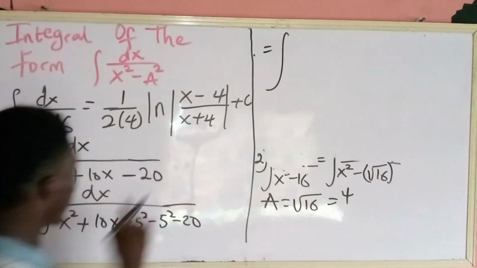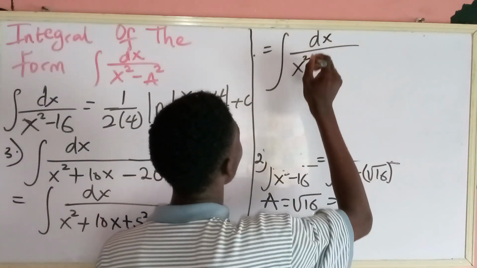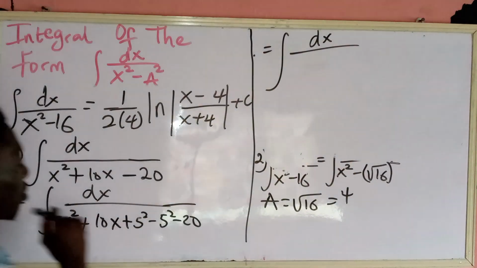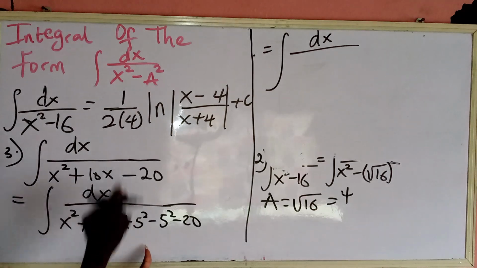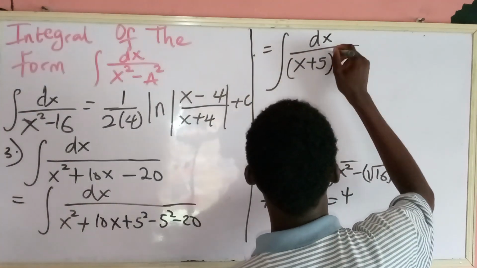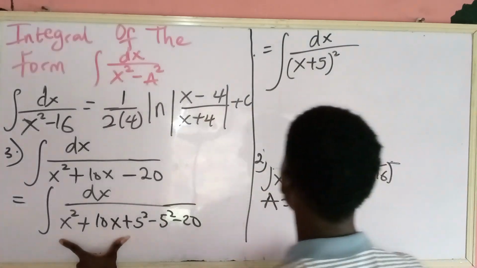And that equals the integral of dx over x squared. We have x and 5 here, and that becomes x plus 5 all squared. I take the x here and 5 here, that becomes x plus 5 squared.